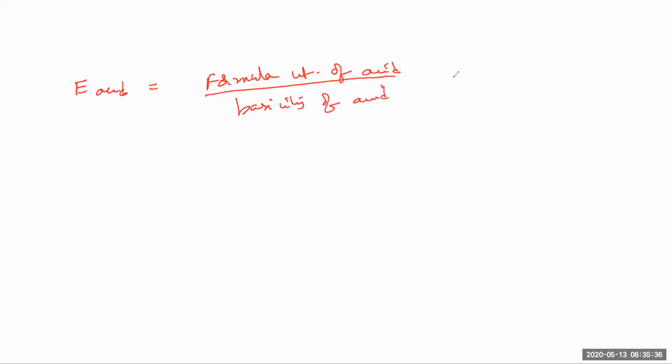Equivalent mass of acid is equal to formula weight, or molecular weight, which is the same meaning, of acid by basicity of acid. Here valency means basicity only.